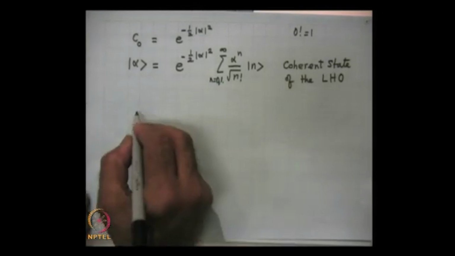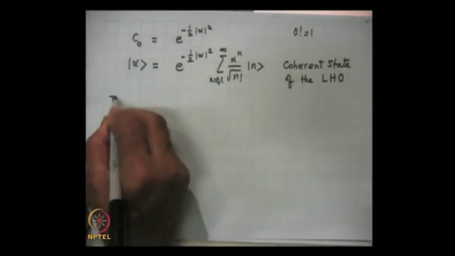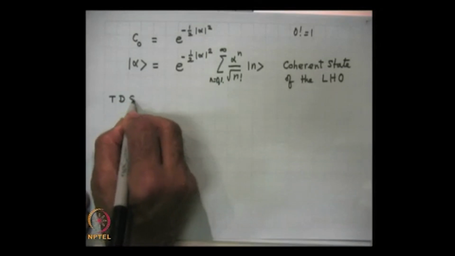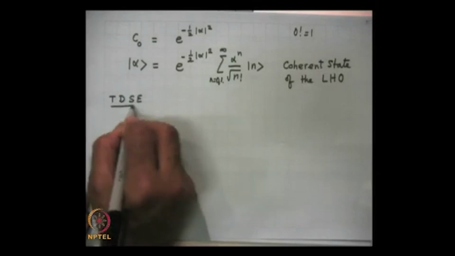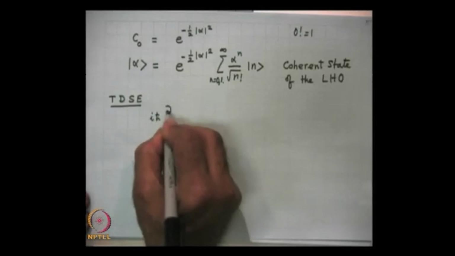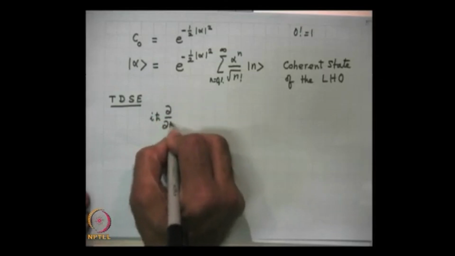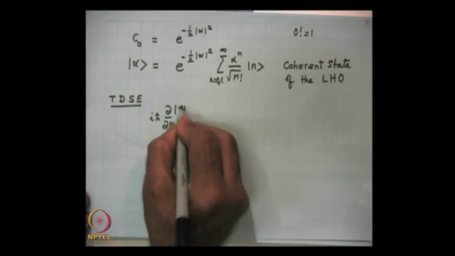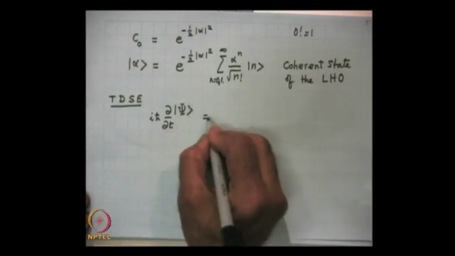Now, I consider the time dependent Schrodinger equation. So, I have i h cross delta by delta t psi is equal to H psi.